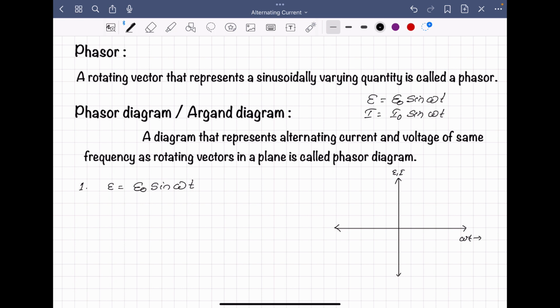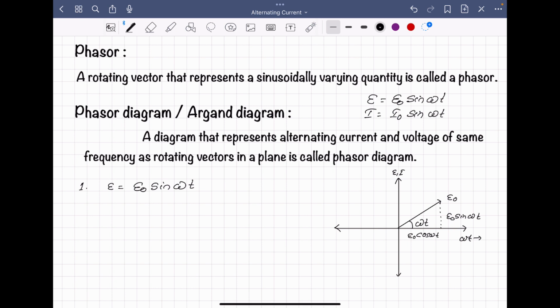We draw a vector, and this vector is E naught. This angle is omega t, the phase. Here, if we draw a perpendicular, this becomes E naught sin omega t, and this becomes E naught cos omega t.